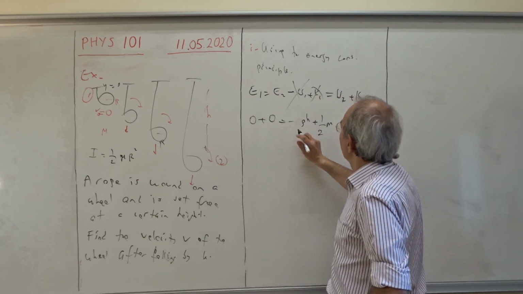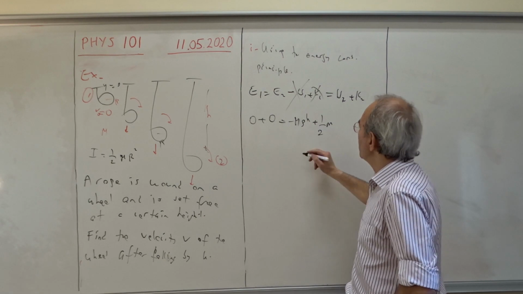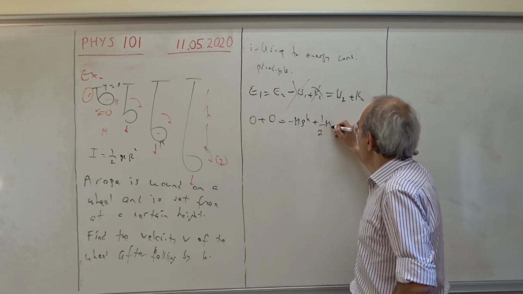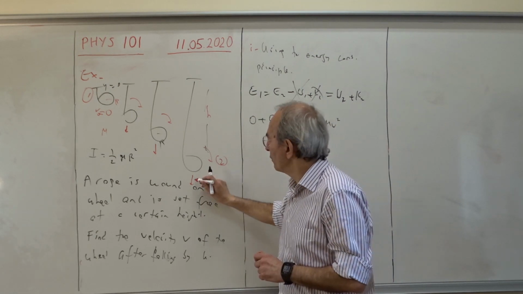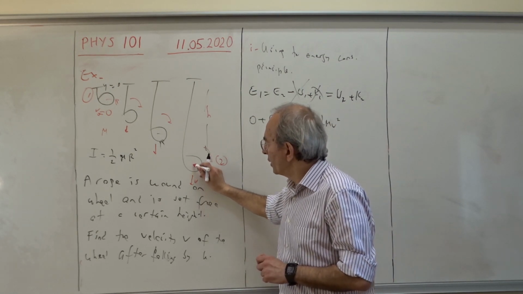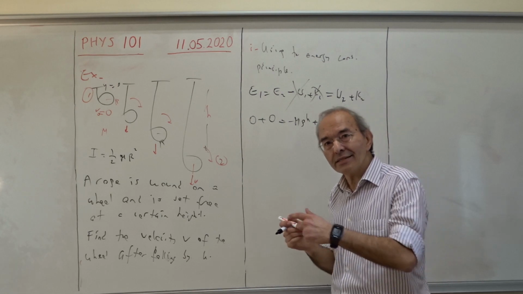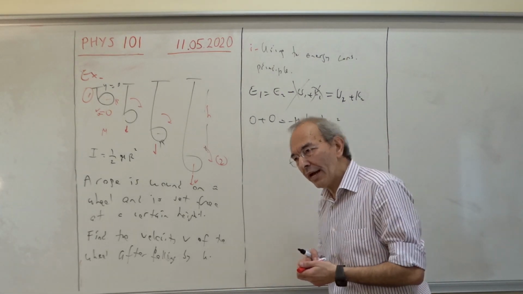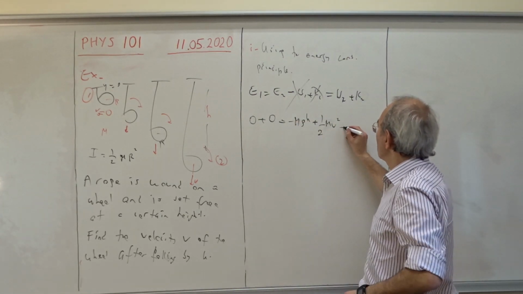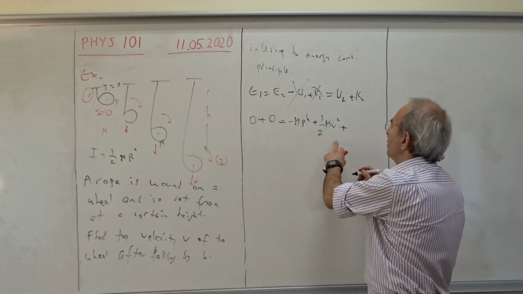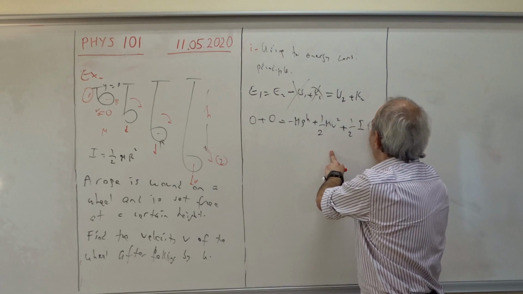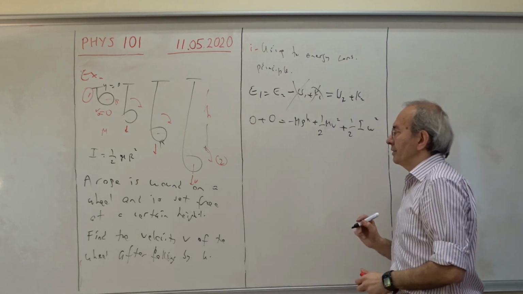Alright, let's use the same given letters. Capital M g h, 1/2 capital M V squared. V is the velocity of the center of mass, and omega is the speed around the center of mass. So it has two kinds of kinetic energy as before. Then it will be 1/2 I omega squared.